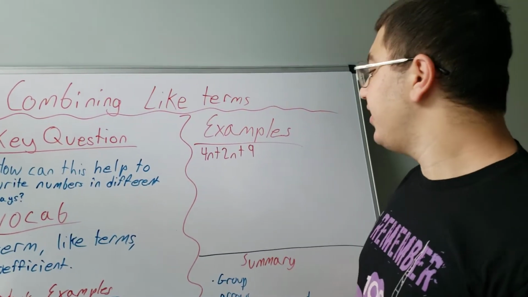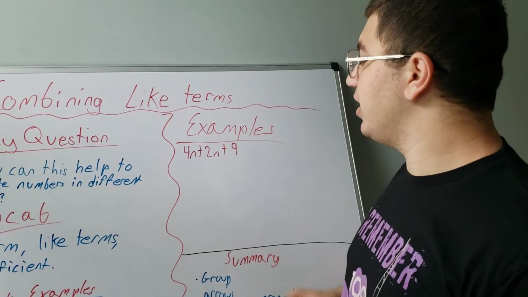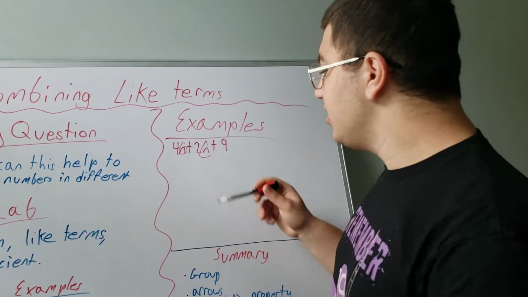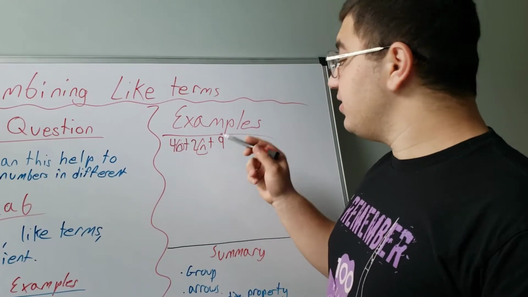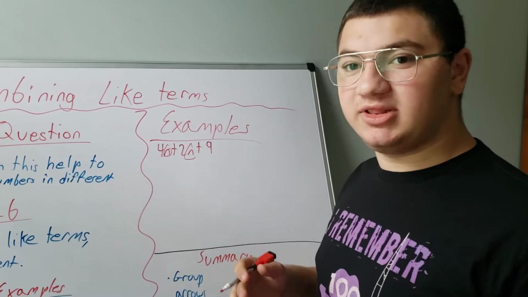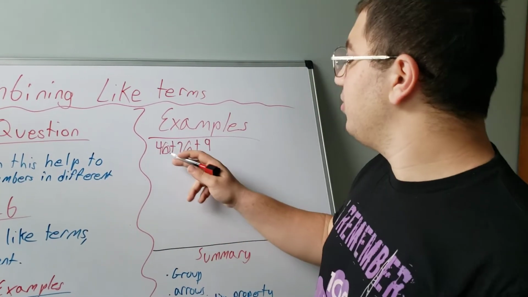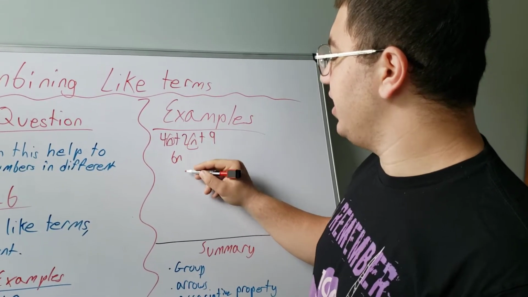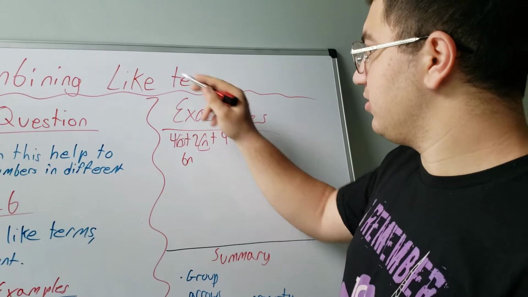Okay, so now that we know that, let's see. 4n and 2n: this n right here, they are the same, right? The coefficients are not, but we have to add those coefficients to ultimately get the same thing. So 4 plus 2 we know is 6, so 6n, and that's been combined.